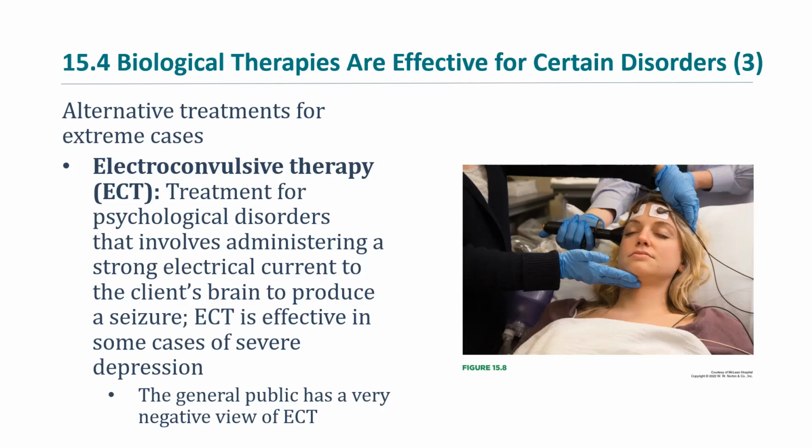So they apply these electrical pulses, and it causes the person to actually have a seizure. And nowadays when they do this, the person is under, so they don't even remember going through this, and they have all sorts of safety measures in place. It's become a much more safe procedure than it was when it was first ever used.